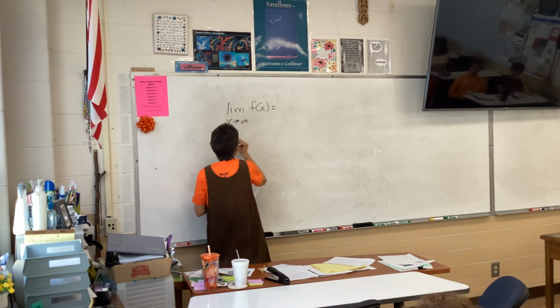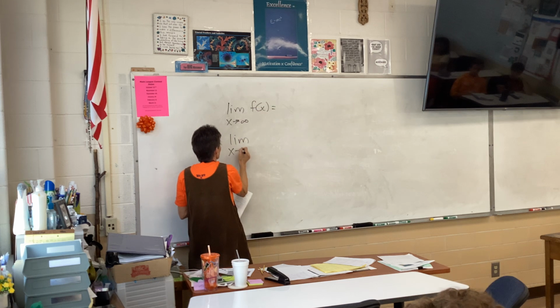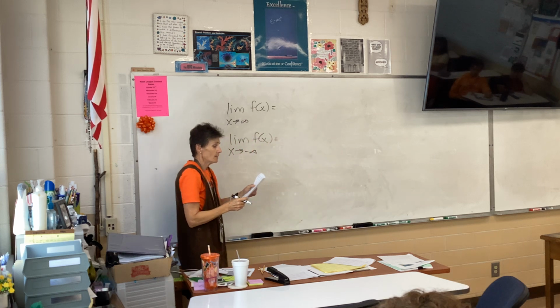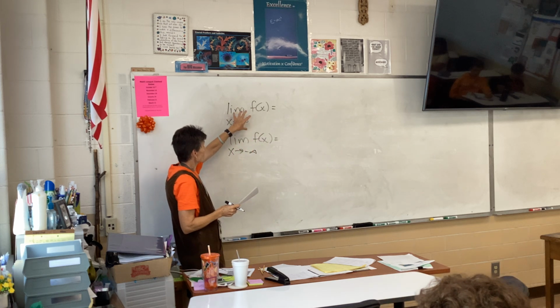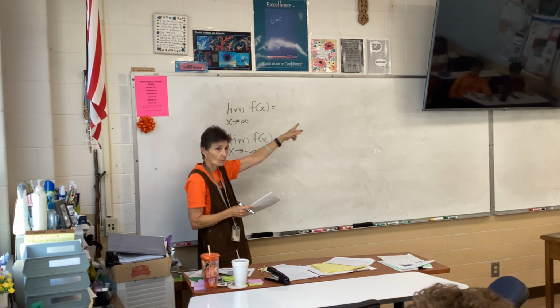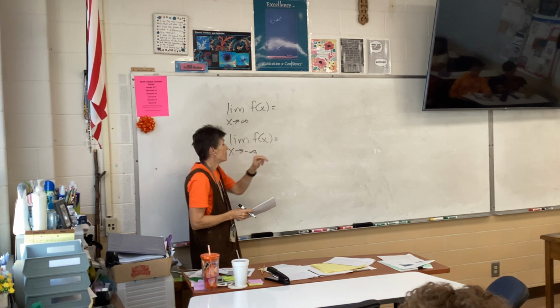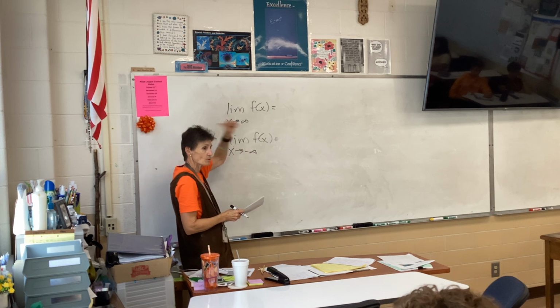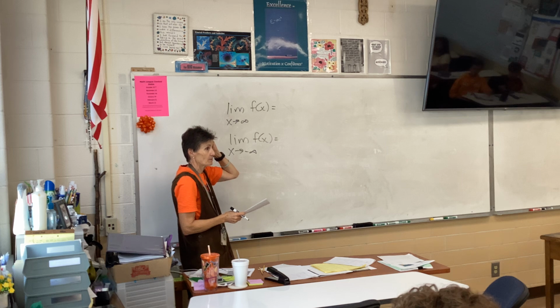Anytime end behavior is part of the conversation, this will be our notation. Right? This means what happens to my y's as x goes all the way to the right. And this means what happens to my y's as x goes all the way to the left.